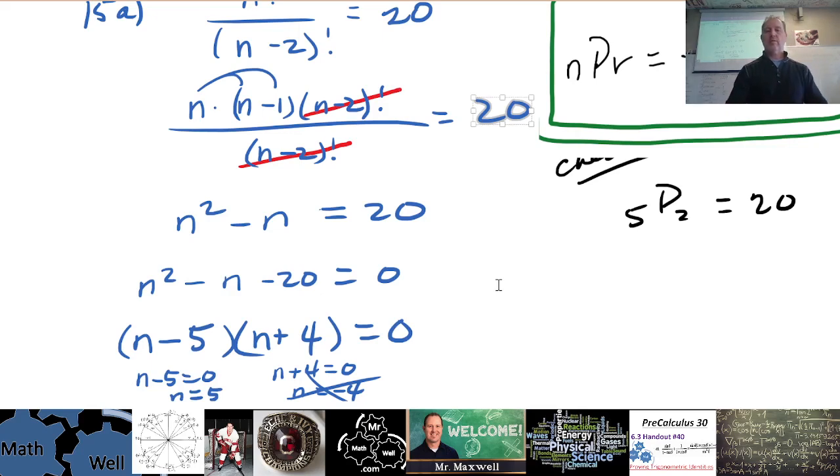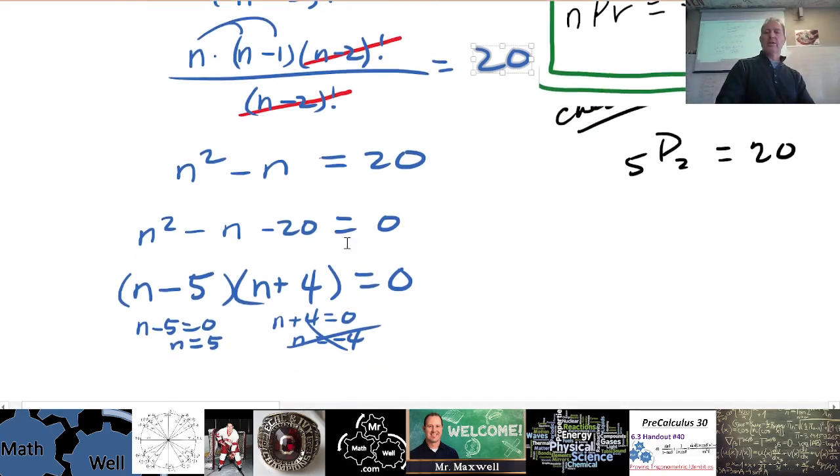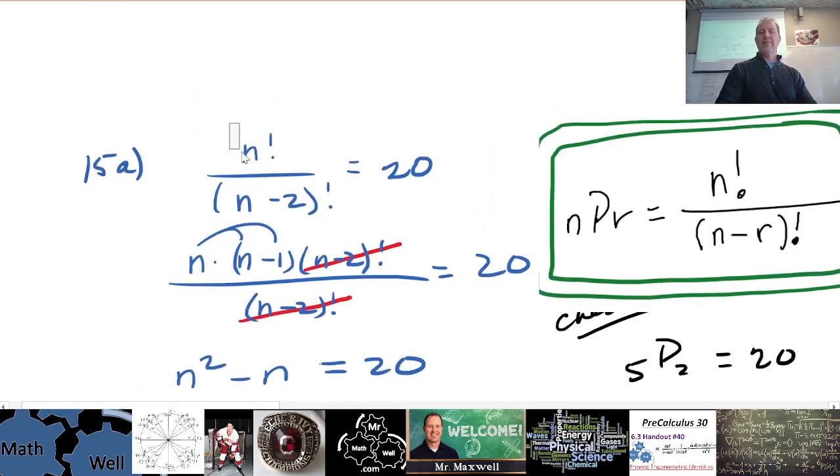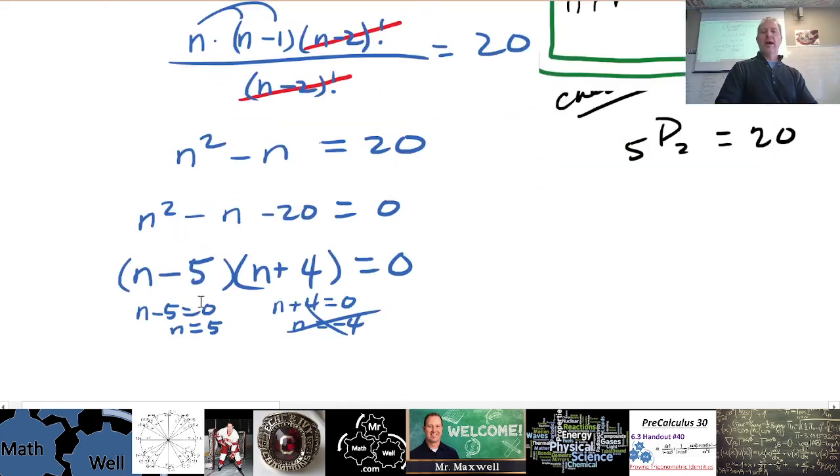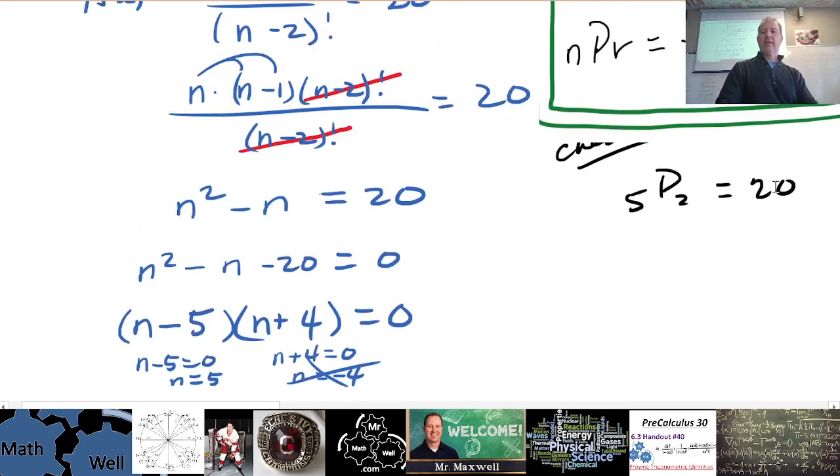We've gone over those, and you've learned those in previous math classes. What you would find is that the two possible solutions for this equation are n equals 5 and n equals negative 4. We reject the negative 4 because we can't take the factorial of a negative number. So that's 15a. The answer would be 5, and you check that: 5P2 does equal 20.